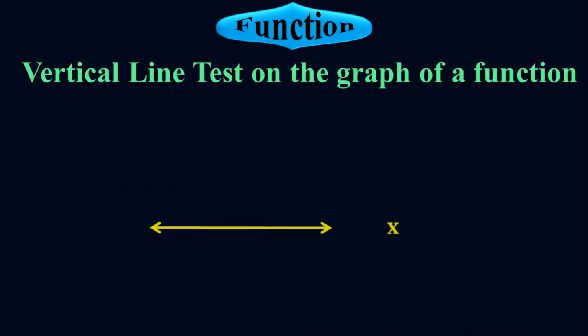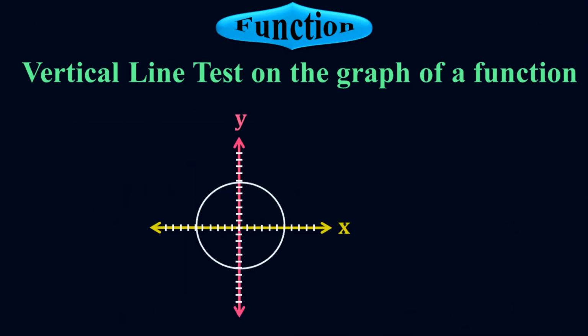One more example here. But what if I have a circle? Is it a function or not? Let me try the vertical line test. When I pass the vertical lines at different points, all the vertical lines touch the graph of the circle twice at these points. This line coming from here touches the graph at this point and then going down all the way to touch it again.